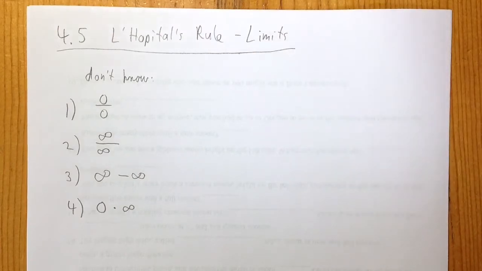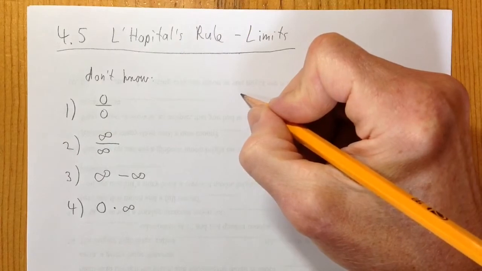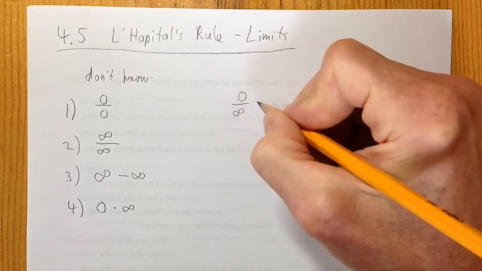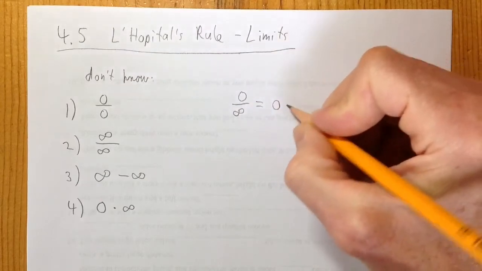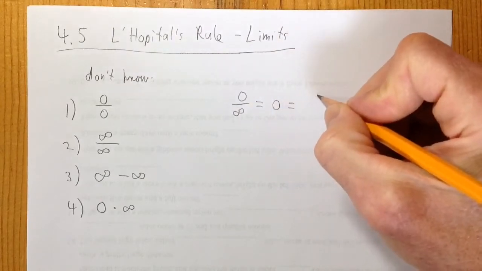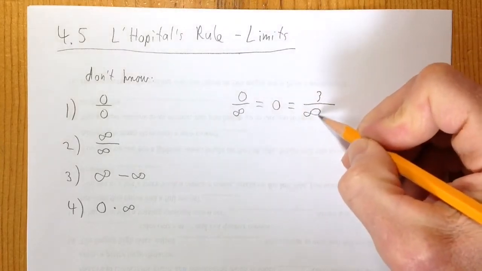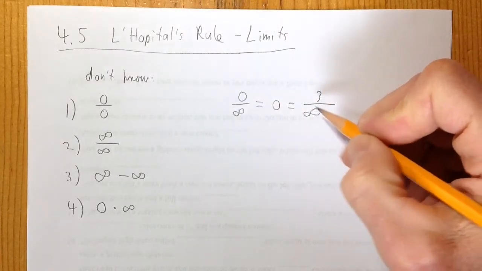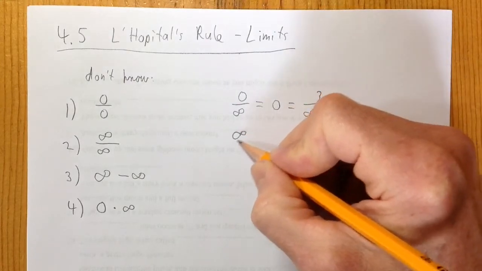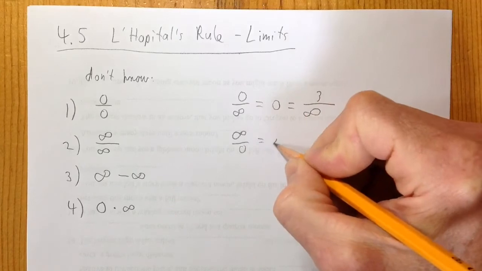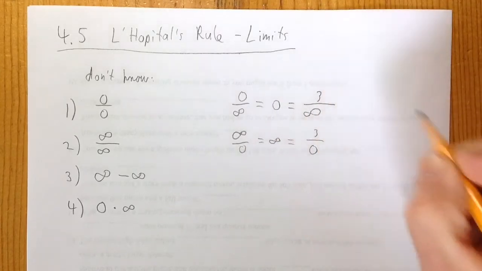Now the ones we do know: if we have something like 0 over infinity, that's definitely 0, because it's the same as any number, like 3 over infinity, which is also 0, since it's an infinitely big number in the bottom. Or if we have infinity over 0, that's like 3 over 0.